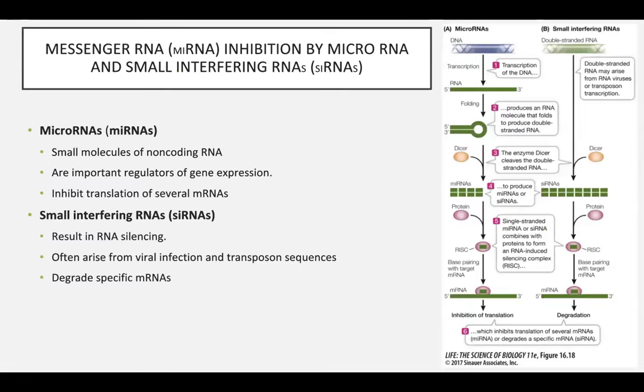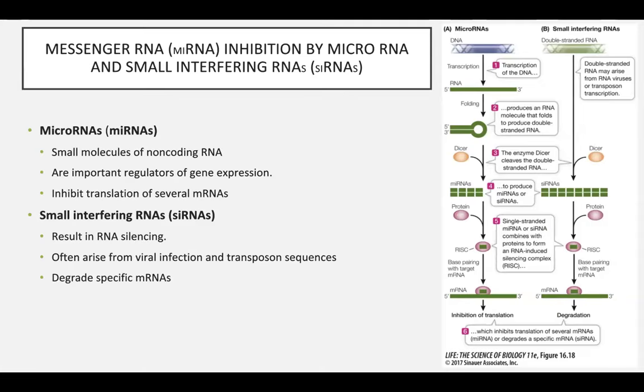Then you also have microRNAs, and then small interfering RNAs. So proteins guide microRNAs to target your messenger RNA. In this case, when the microRNA is created and then guided to that messenger RNA, the mRNA is eventually degraded, or translation is inhibited.